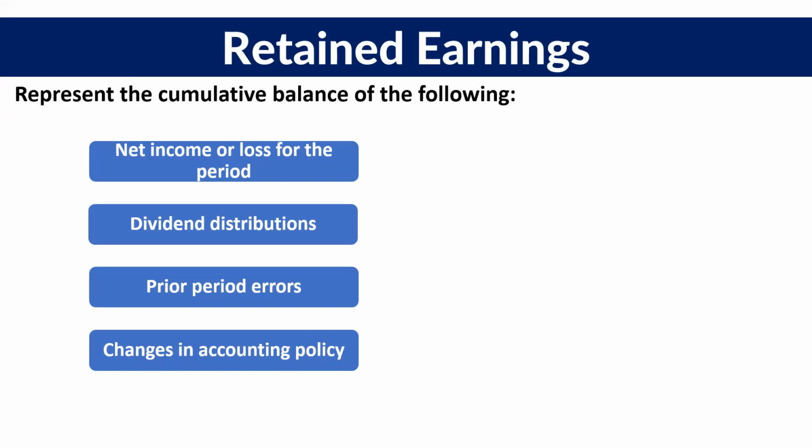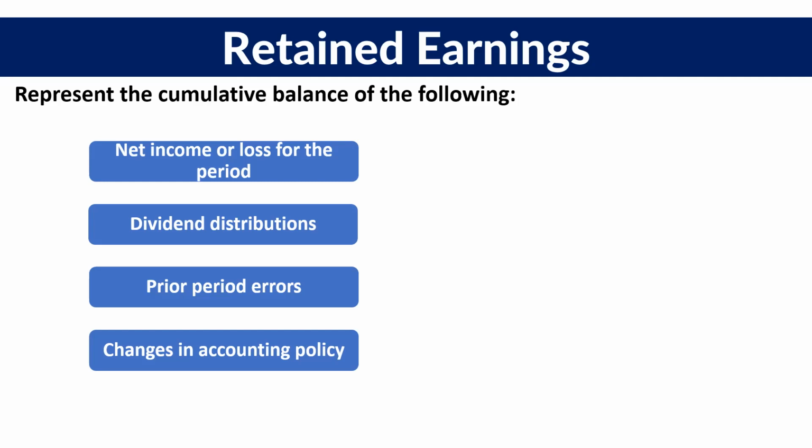For example, if in the past they're using the FIFO method, which is also an acceptable method based on the standards, and they have opted to use the weighted average cost formula because they feel it is more reasonable or will present their inventory more correctly.